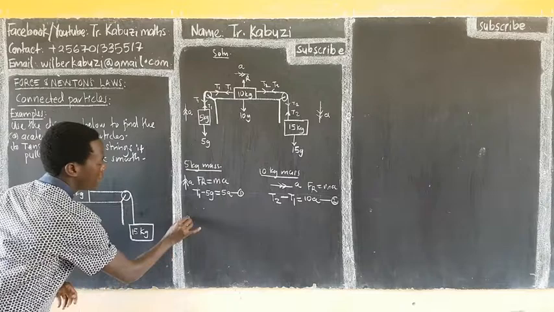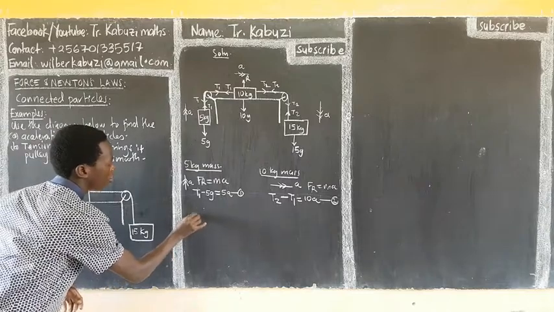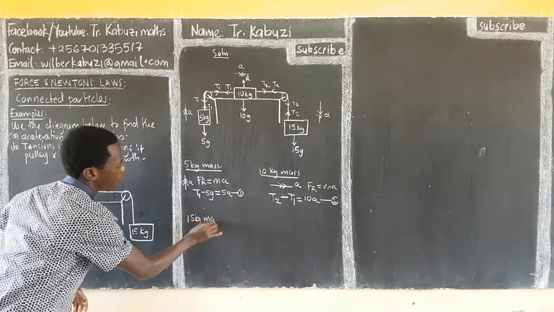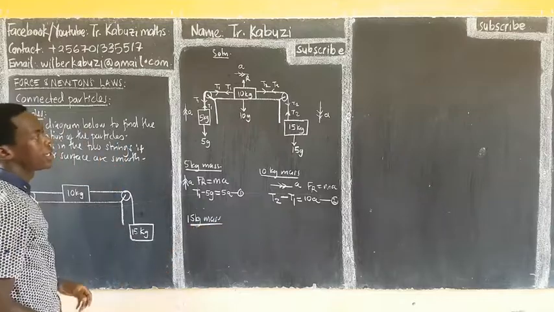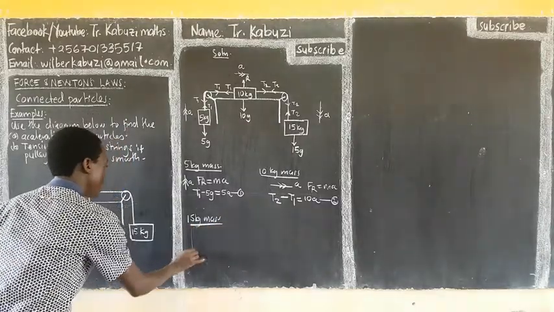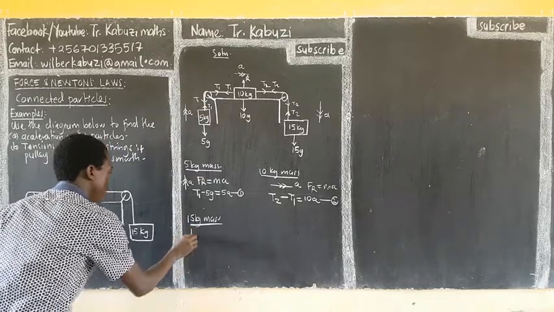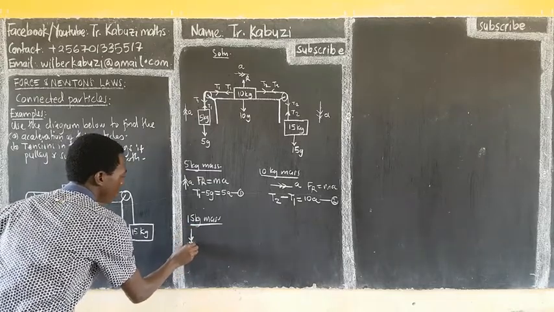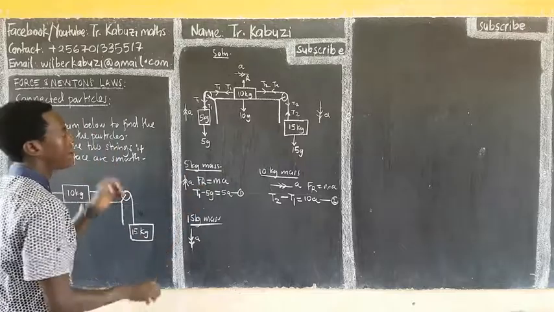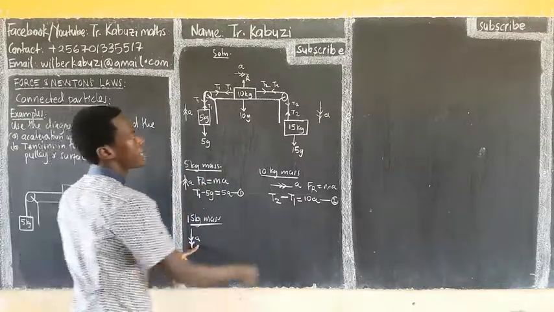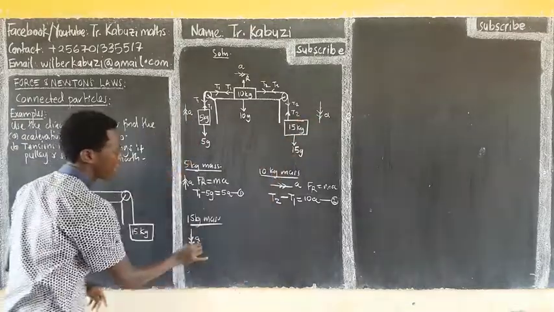When I come down to the 15 kilogram mass, now where is the acceleration? The acceleration is in this direction, like this. So meaning that if I'm in this direction, what is pulling?